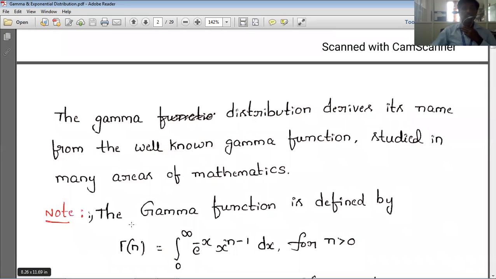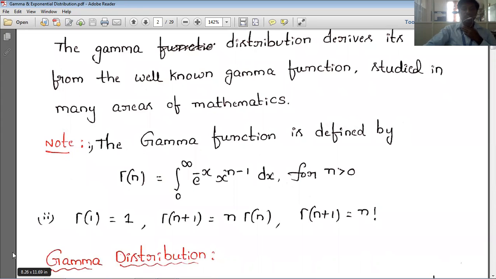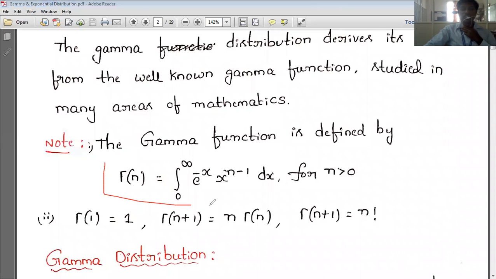Here we first see the definition of the gamma function: gamma n is equal to the integral of e power minus x, x power n minus 1 dx, for n greater than 0. The gamma function converges for n greater than 0. Among its other properties, gamma 1 is equal to 1.